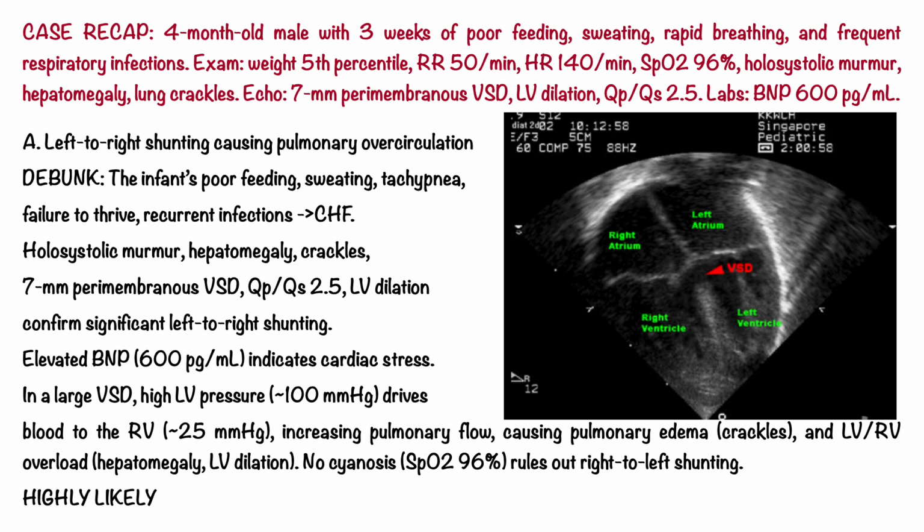Because there is a holosystolic murmur. Holosystolic murmur means that the murmur starts from the first heart sound and ends at the second heart sound, and the murmur is present throughout the entire systolic phase. It occurs because the left ventricular pressure is usually 100 mmHg and the right ventricular pressure is 25 mmHg. So there is a gradient between these two ventricles, right?